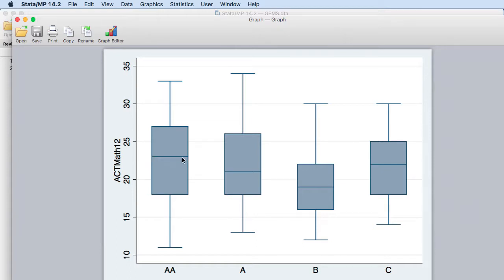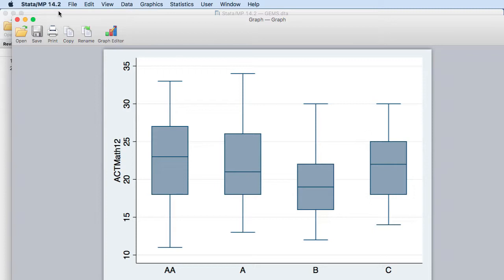Now remember, this is the median and not the mean. But nevertheless, it gives us a good overview of how these groups compare. And you can see that Class B schools are certainly lower than Class AA, A, or C. But the question is, is this difference large enough to be significant, or is this just due to sampling variability?